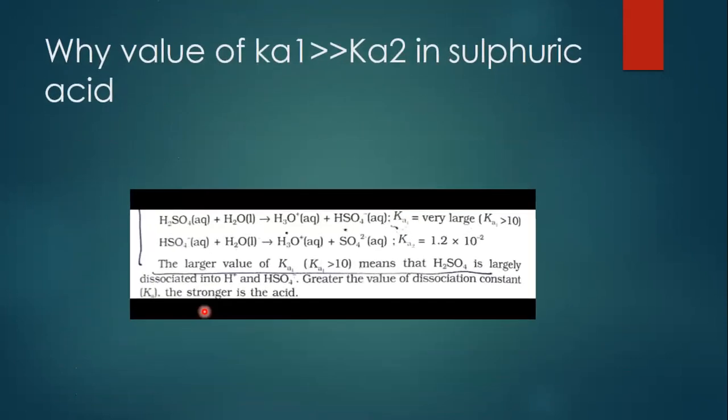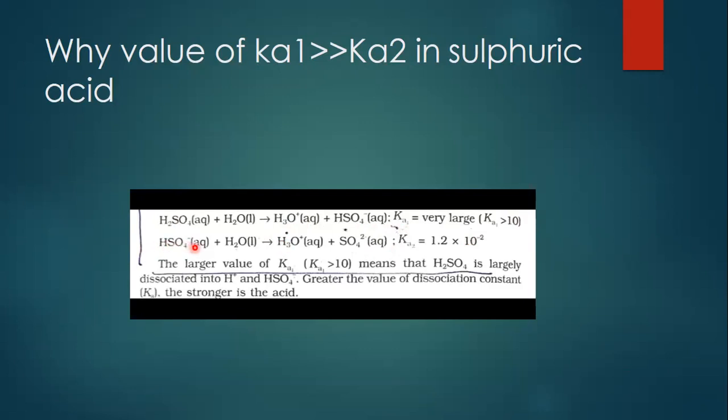Why is the value of Ka1 greater than Ka2 in sulfuric acid? In your mind, the question arises, ma'am, what are Ka1 and Ka2? They are the dissociation constants of sulfuric acid in the first step and in the second step. First of all, we are discussing with the help of equations. If sulfuric acid dissolves in water, as it is acidic in nature, hydronium ion is formed and its value is very large.